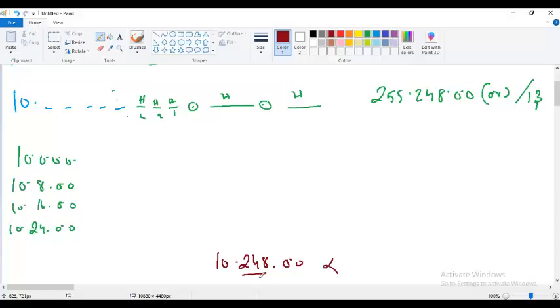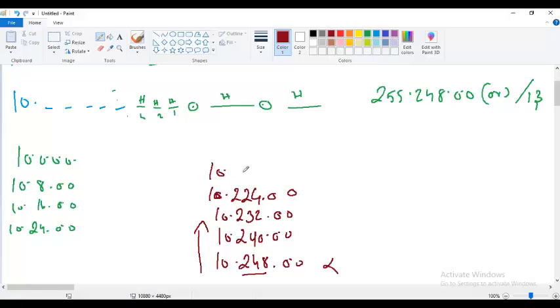So now we are going to subtract 8 as we go from the bottom: 10.240, 10.232, 10.224, and so on.